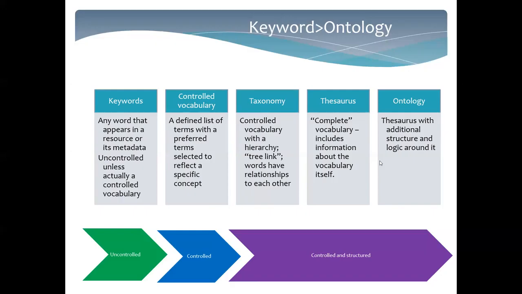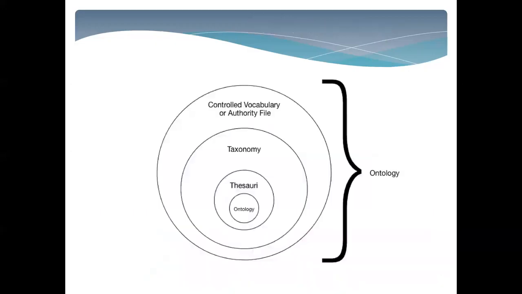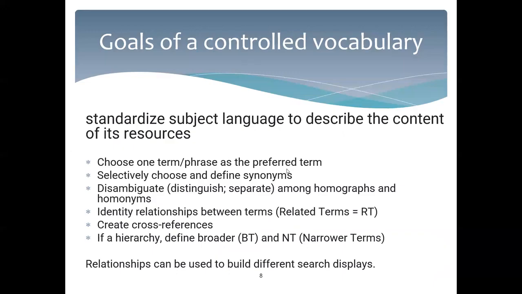So if you're out in the semantic web world and you see something that says ontology, take a look at it, because it may be something that is truly an ontology and you can see that structure and logic applied to it, or it may just be a controlled vocabulary or a taxonomy that they're calling an ontology. So an ontology can be all of these things, and it can also be at the very heart and center of it because it has to do with that structure.